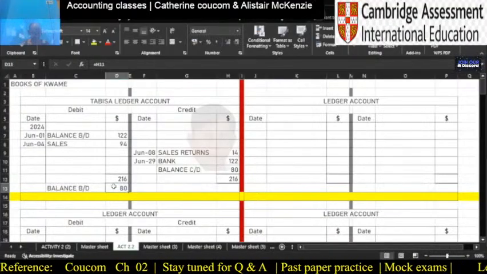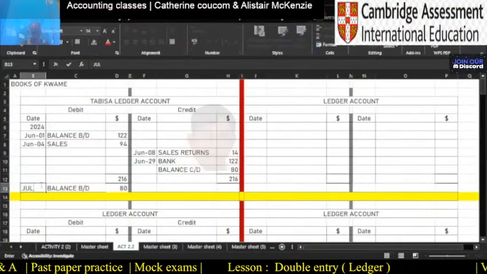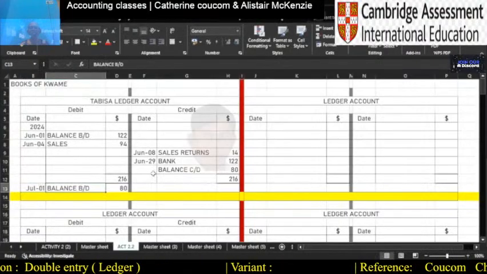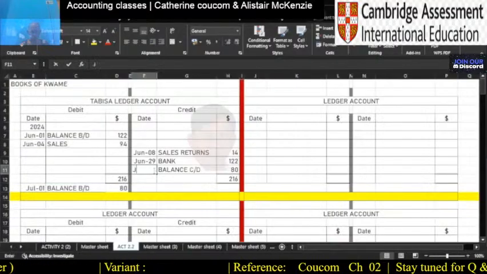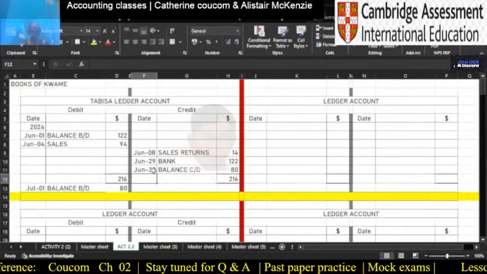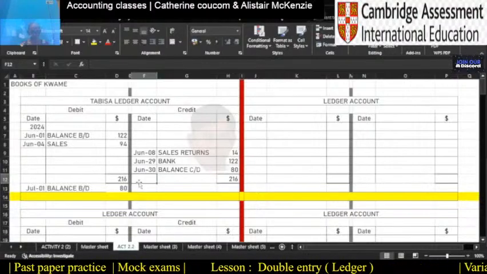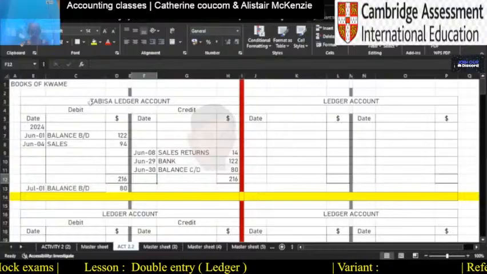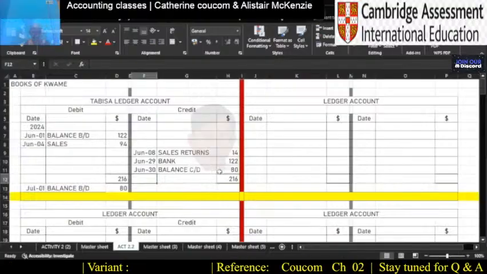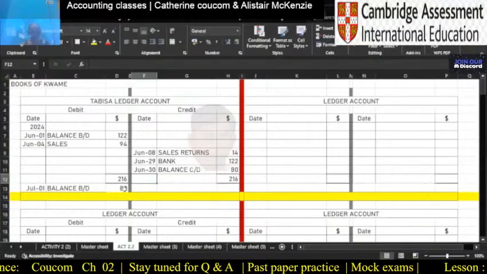This is on June 30, and brought down on 1st July. So carried down will become brought down in the next accounting period. So now this is done. Books of Kwame, Tabisha's ledger account: balance brought down, sales returns, bank. Balance brought down means there is a balance of 80 at the end. Okay, so this is done.